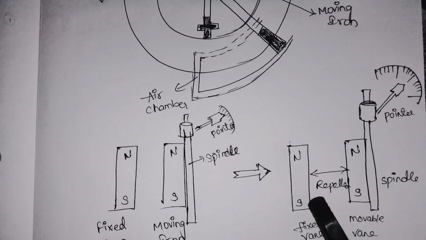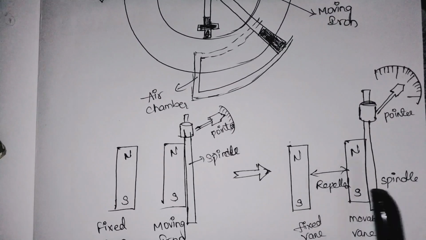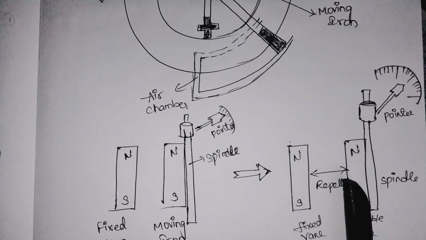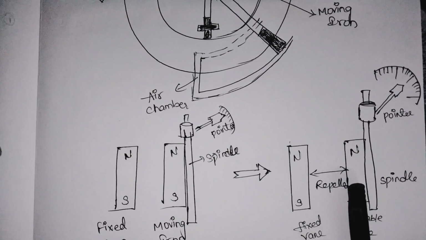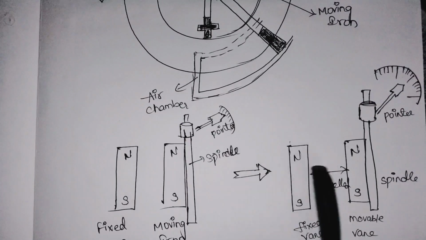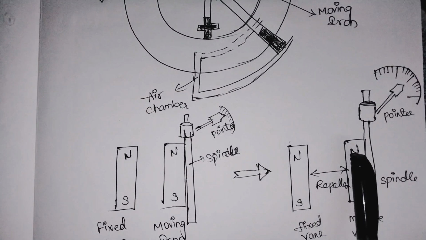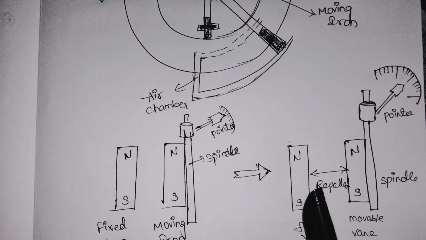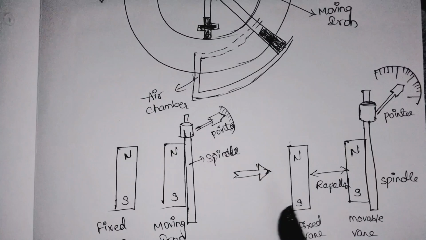Whenever a current passes through the coil, a magnetic field is set up in it and the two vanes are magnetized with the same polarities. Same poles are generated. North poles are produced at one end and south poles are produced at the other end.